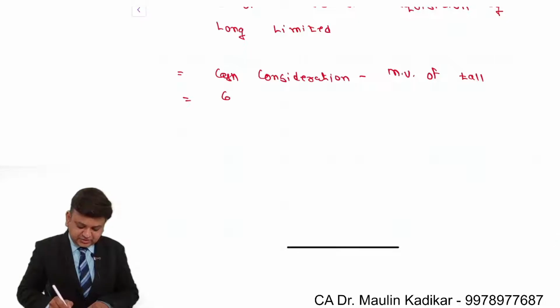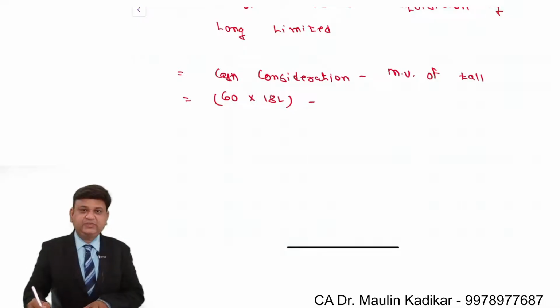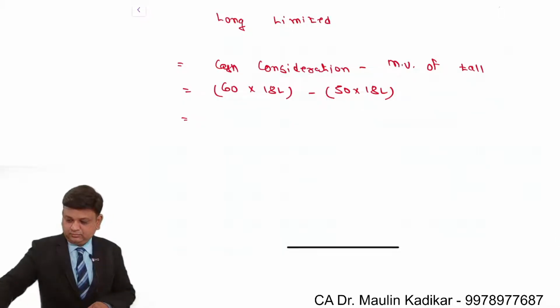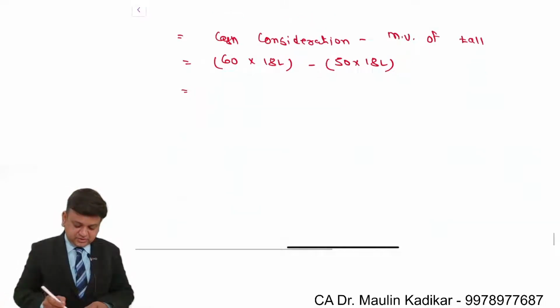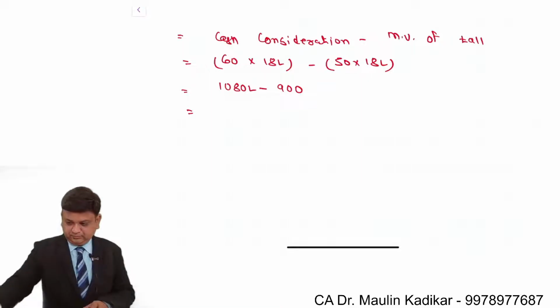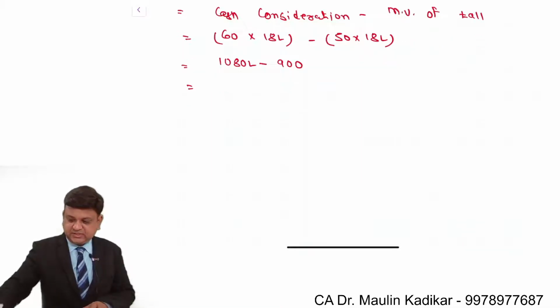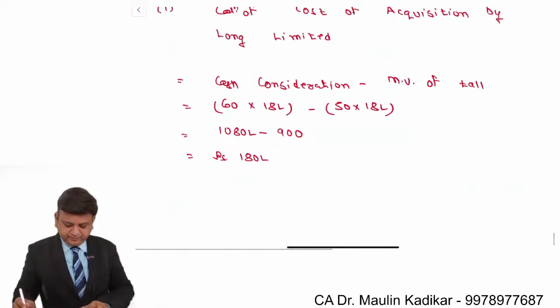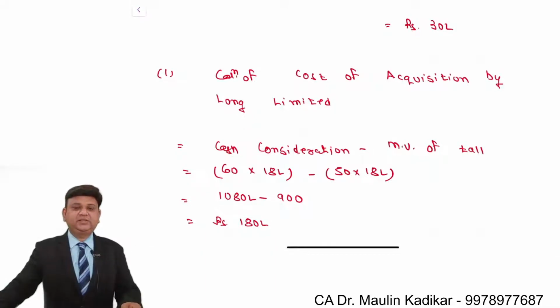It is an amount of 60 rupees per share into 18 lakhs, minus market value of 50 rupees per share into 18 lakhs. So 1080 minus 900. So the excess consideration is 180. So 180 lakhs is the excess consideration, and that is considered to be the cost of merger to the acquiring company.